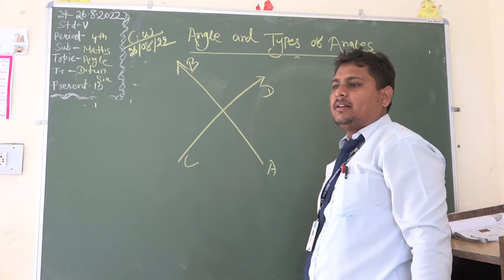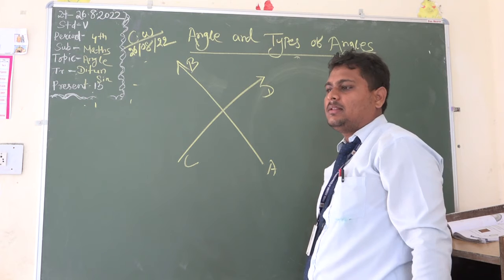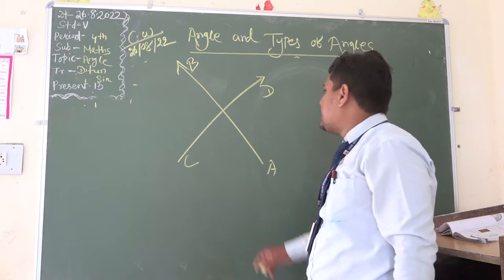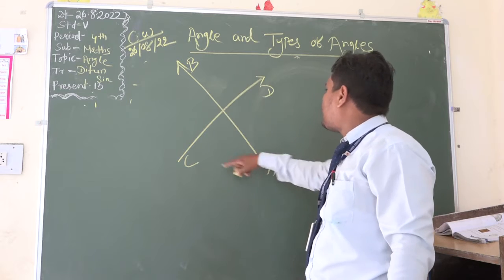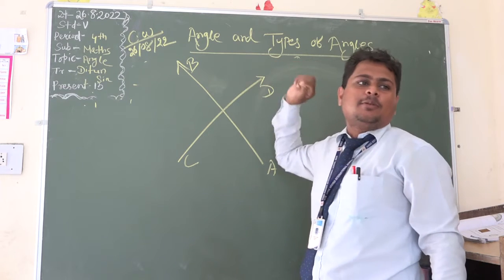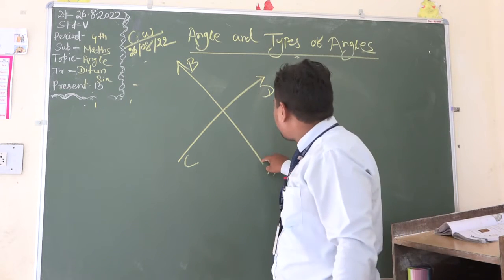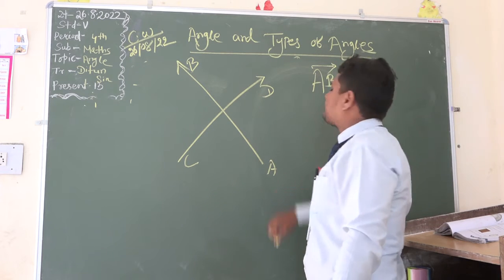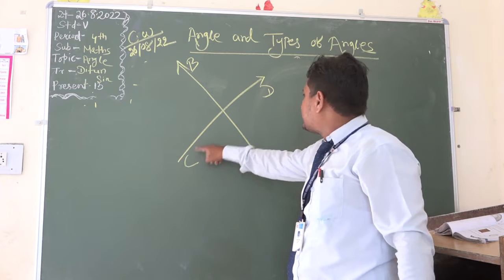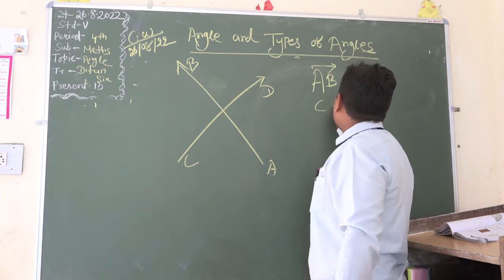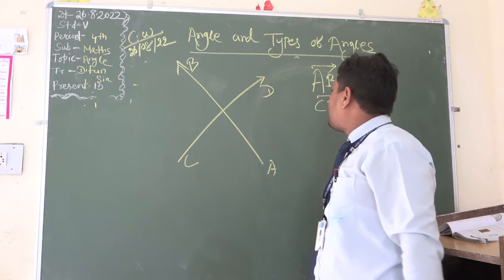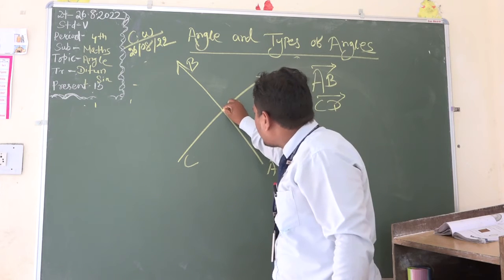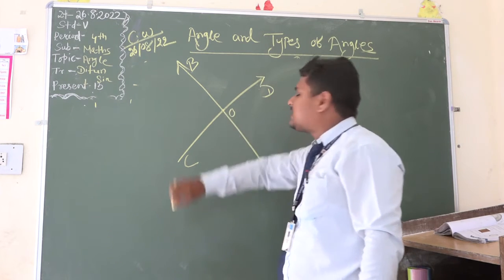A, B, C, D are the four points, but what are the names of the rays? Here is the first ray, so we write the name of the ray as AB. Yes or no? Next is CD. So when ray AB and CD connect at one point, we give the name O.